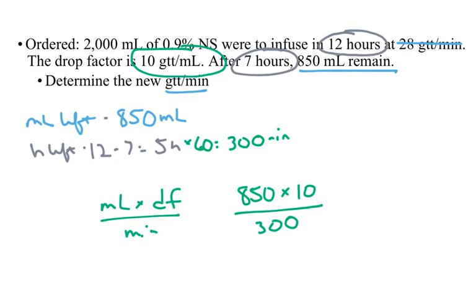So 850 times 10 divided by 300, and I get 28.3, but for drops per minute, our flow rate rounding rules are that flow rate is rounded to a whole number. So that is 28 GTT per minute.